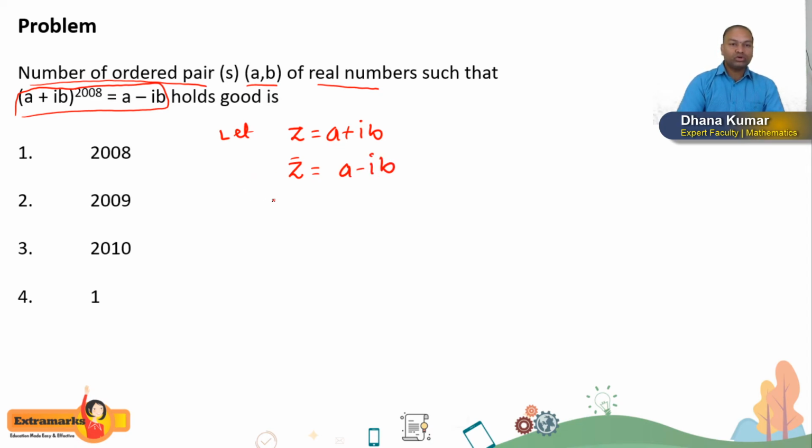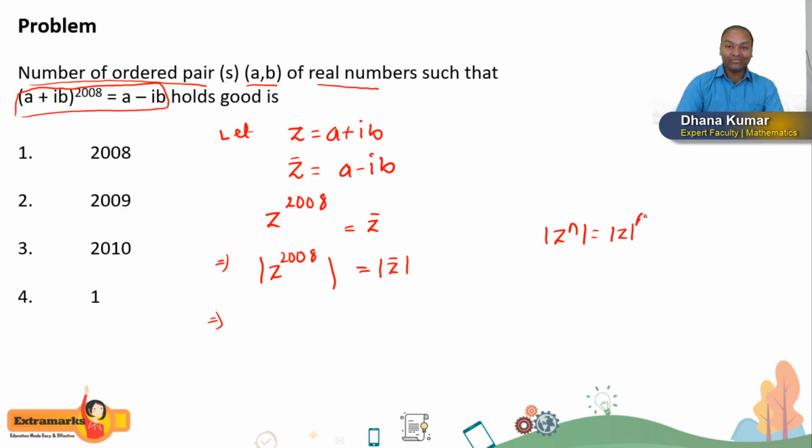Correct now? So substitute these two in the given question. z power 2008 is equal to z bar. Correct now? Right. Now apply modulus: modulus of z power 2008 is equal to mod z bar. And according to the modulus property, mod z power n can be written as what?